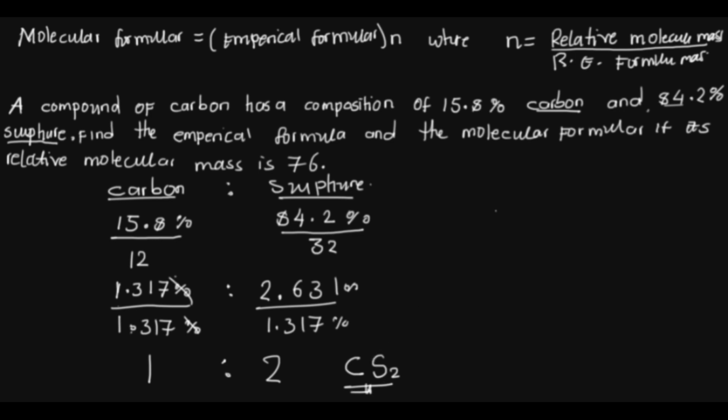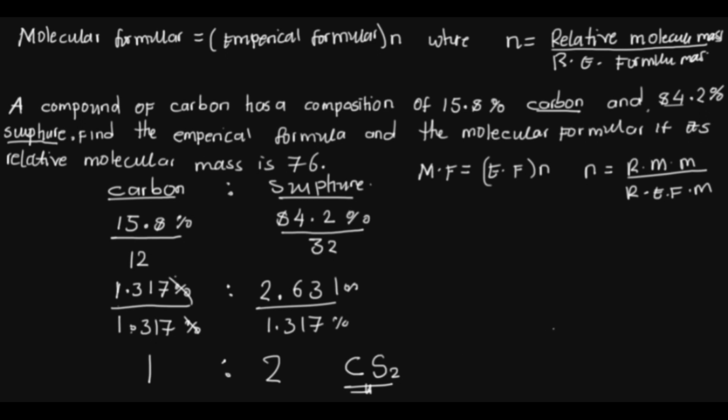Now the other question that we have, we need to find the molecular formula. So we say the molecular formula is equal to empirical formula multiplied by N. So let's find the value of N. N is equal to relative molecular mass over relative empirical formula mass.